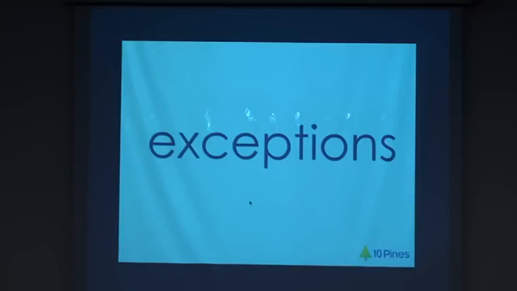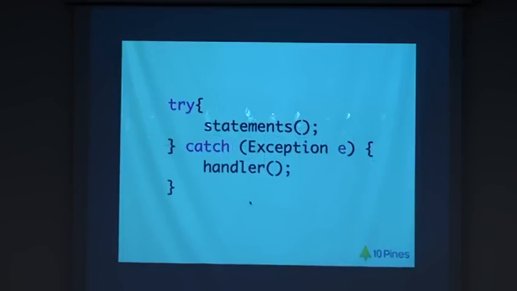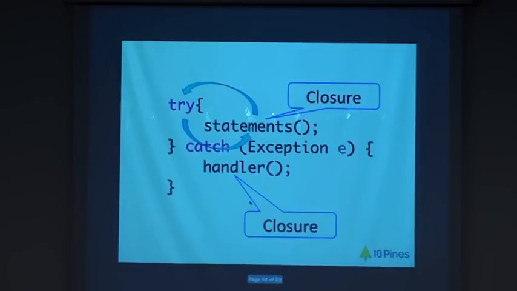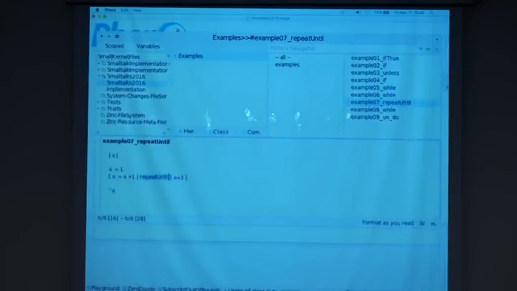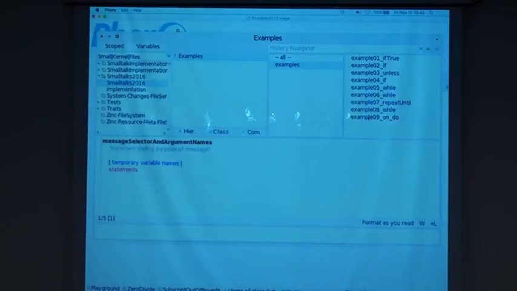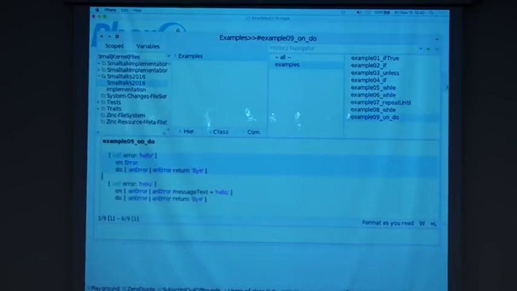So exceptions. So we all know exceptions, again, basic Algol 60 kind of syntax languages, try, catch. We know that we have to flip this around to make it compile. We know that these are closures. And so we have this way of handling errors.